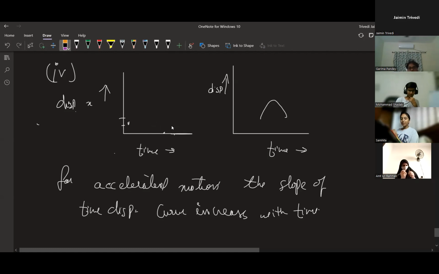And if I want to show decelerated motion, then it will be the right side diagram. Are you able to understand? Yes. A is more than 0, A is less than 0. That means decelerated is negative values of A, and this will be positive value of A, accelerated motion. And this looks like a smiley.